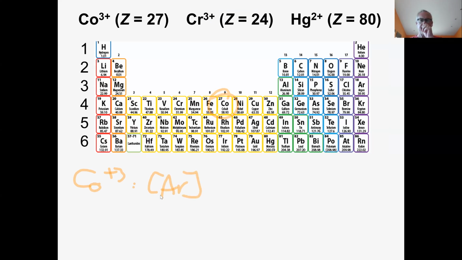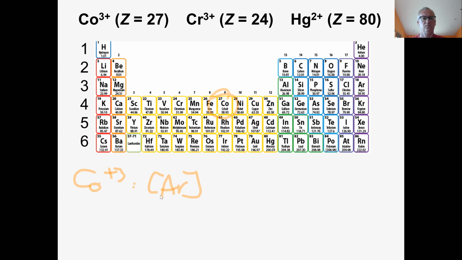And then what's our next electrons to add? So I start here with argon, and then I go across to here. Then I just start adding electrons one at a time. So what are my next electrons to add? 4s2. Exactly, 4s2.